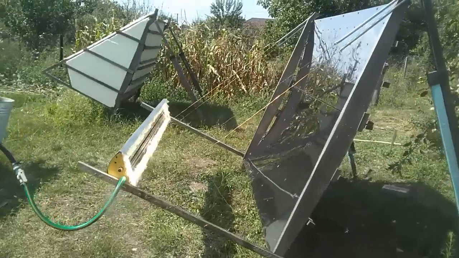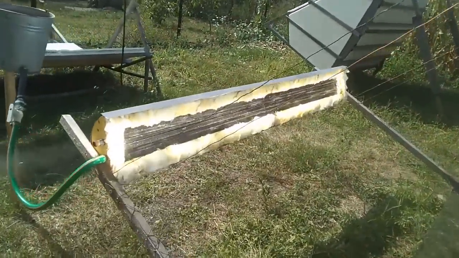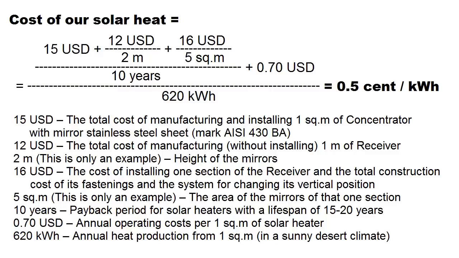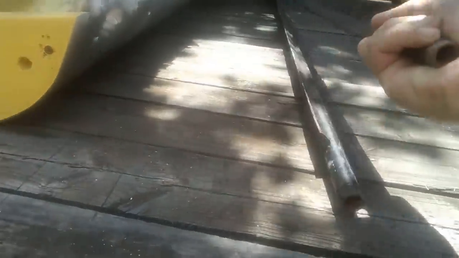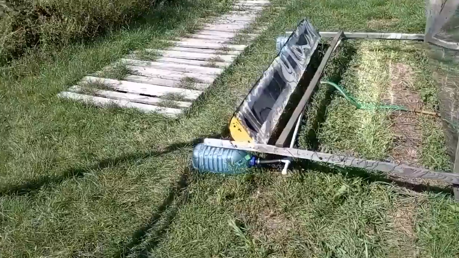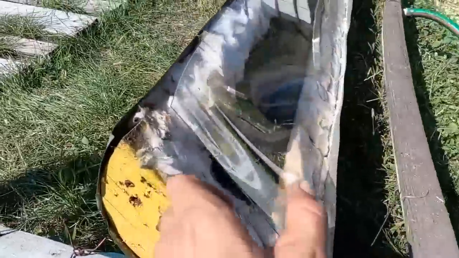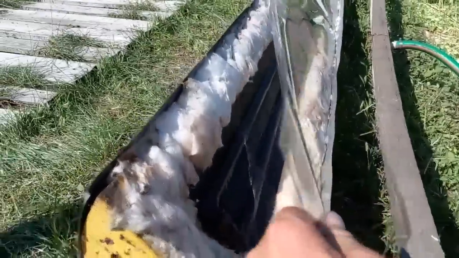Another video will describe the possible types of this receiver and the various possibilities to reduce its cost to this level, $12 per meter. Now my receiver has a design that is based on these two steel pipes with ribs, and these pipes are paths for water or thermal oil, which is heated by solar radiation from our mirrors. The receiver should be covered with something like this transparent plastic sheet or transparent film.